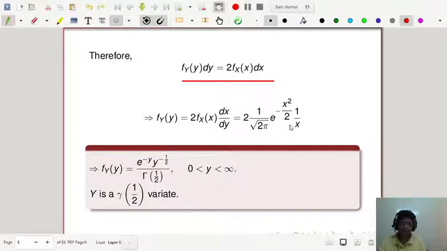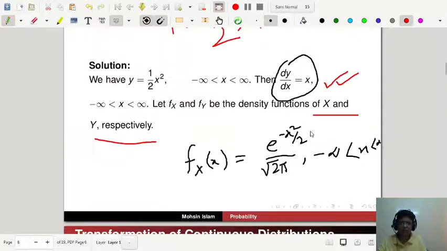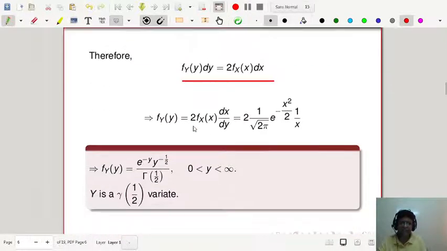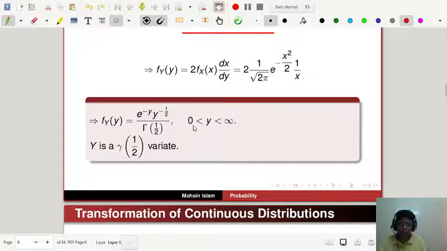Now if you change your x in terms of y, what is your y? Y is x square by 2, so x will be root over 2y.